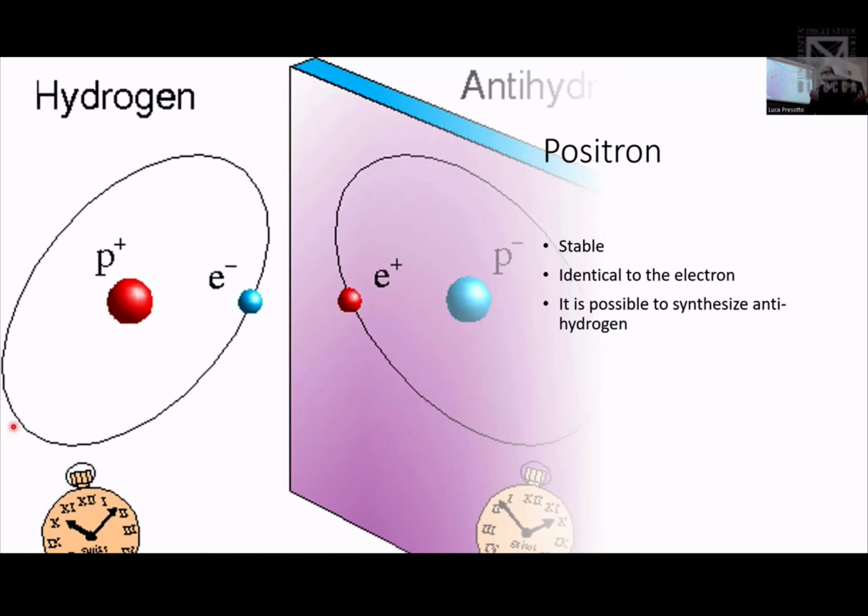If you put an antiproton and an anti-electron together, they will form an anti-hydrogen atom that, for all that we have been able to measure in the last 30 years since we've been able to synthesize it, is completely identical from a chemical point of view. So its chemical properties are totally identical. It's perfectly stable, until it interacts with matter, where they annihilate.